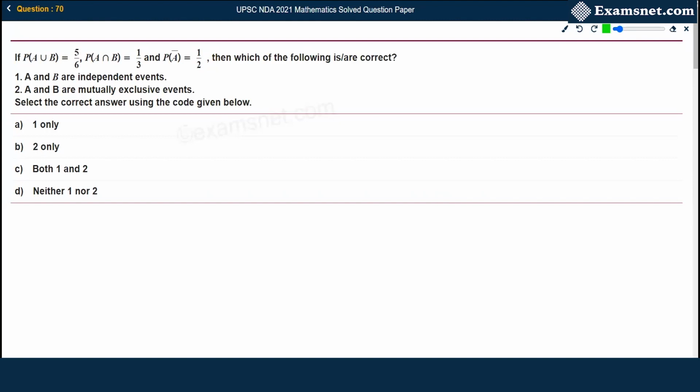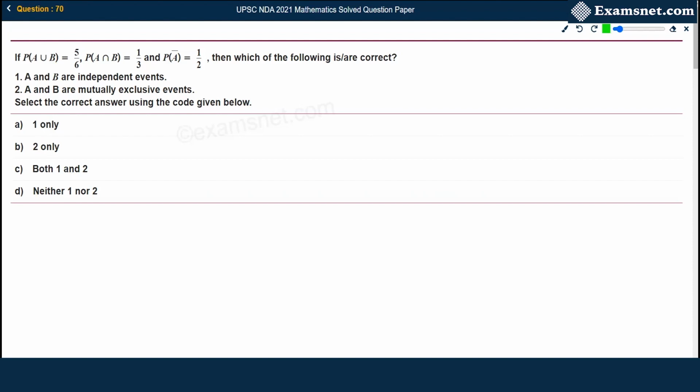The statements are: A and B are independent events, and A and B are mutually exclusive events. That means if we find the intersection of these two events, we will get null, void. There is nothing common in these two events.